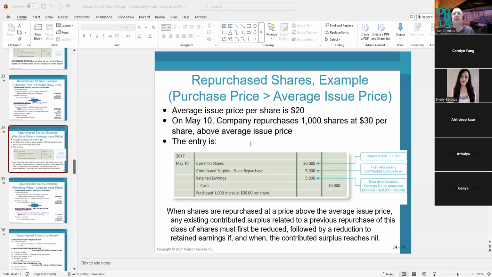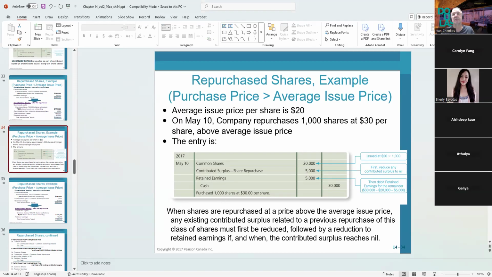So, again, what happened here is we're purchasing above the average issue price. The rule is: retire the common shares first at the issue price. Second, pay the cash and see how much the difference is. If there is contributed surplus, wash out the contributed surplus first. And if you still have a difference, start taking from the retained earnings.